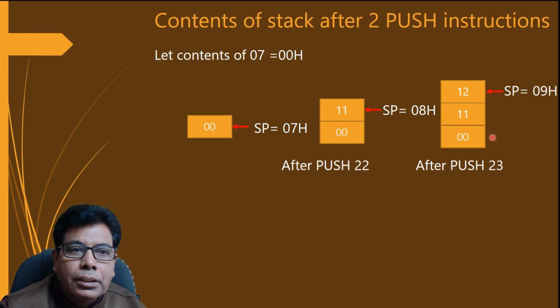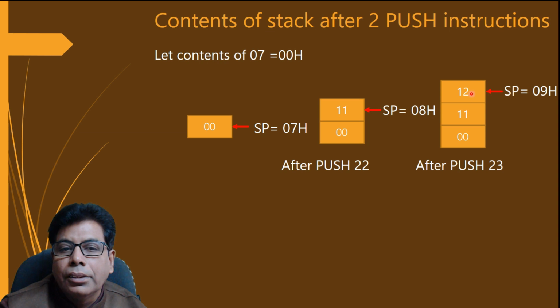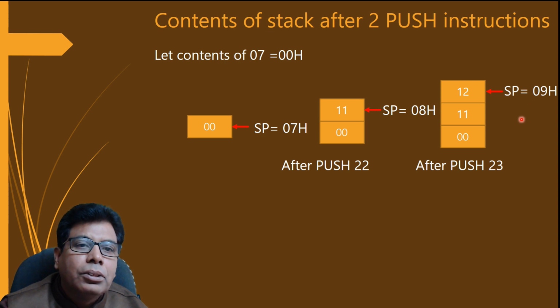In this way, you can see the contents of stack after two push instructions, and the stack pointer will be 09. So this is how the push operation will take place.